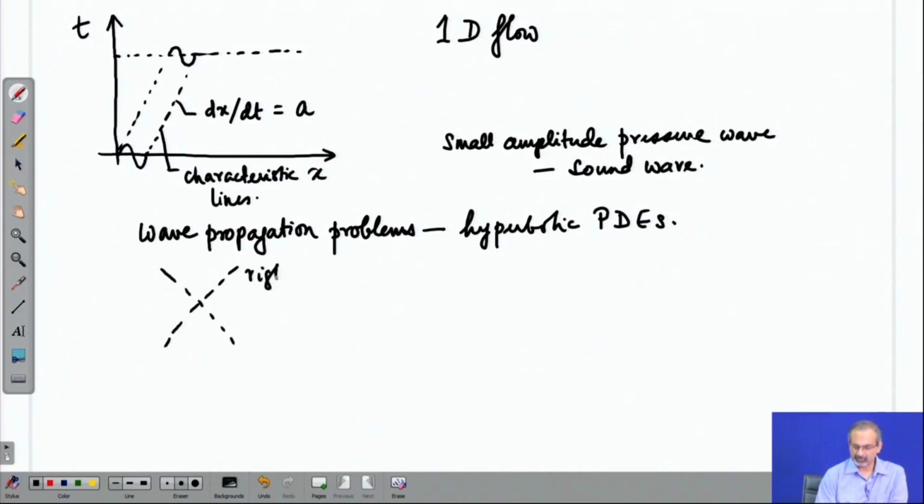So, the ones which are moving towards the positive x direction may be called as right running characteristics, and those running to the left could be called as left running characteristics.